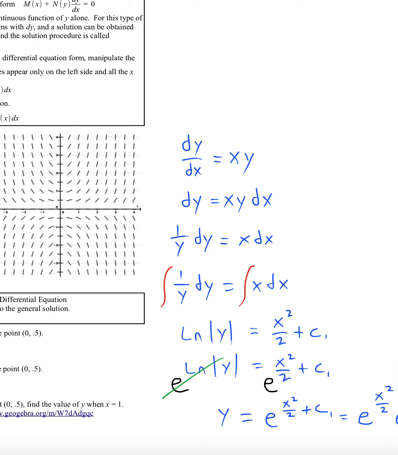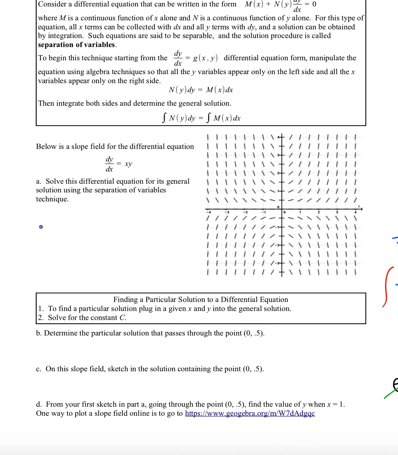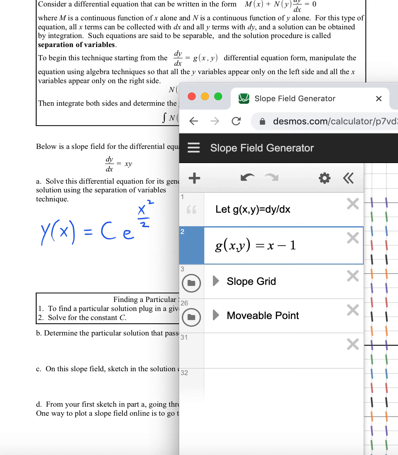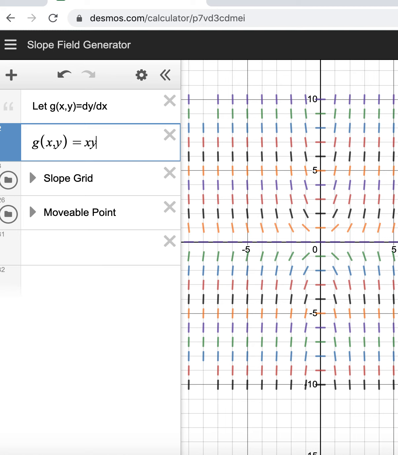Okay, now we can go back. And we found that the general solution was y equals c e to the x squared over 2. Let's go to Desmos for just a minute and let's plot those functions and see what they look like. First, I'm going to show the slope field of this differential equation.